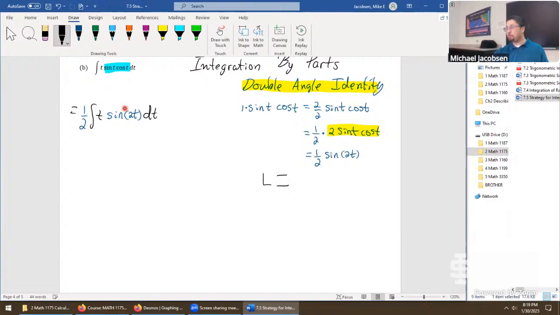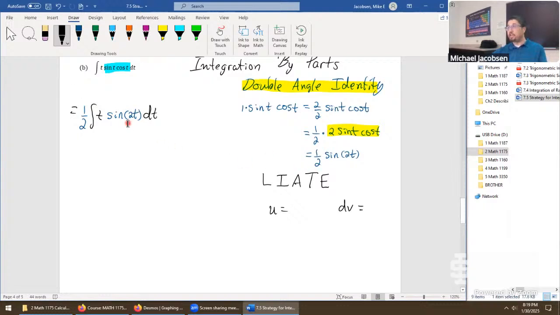And just because this is a review section, let's put down our acronym, LIATE, our method for picking u. Once u is picked, you have your dv settled. And going down the line, the big red flag on this one is there is an algebraic portion, t. That's the A part.